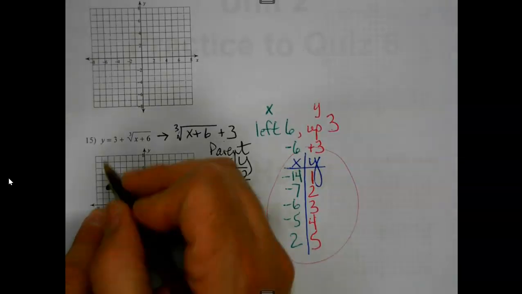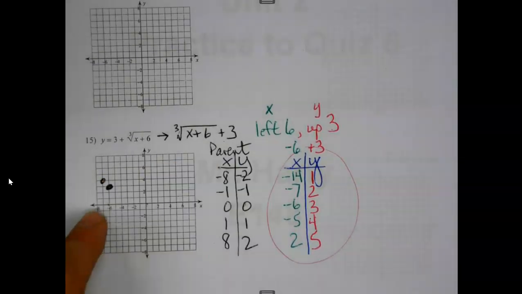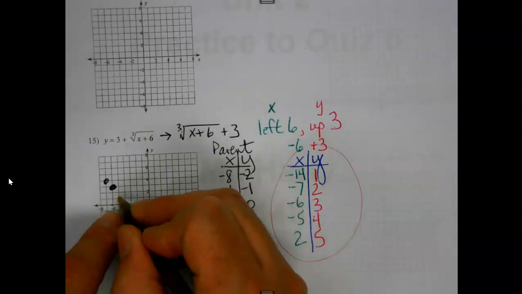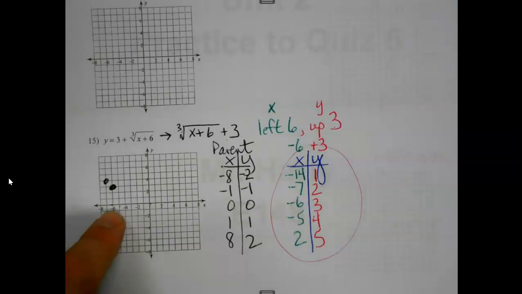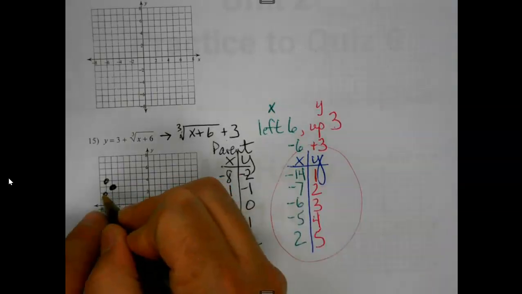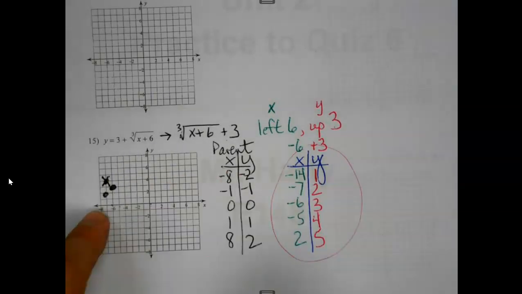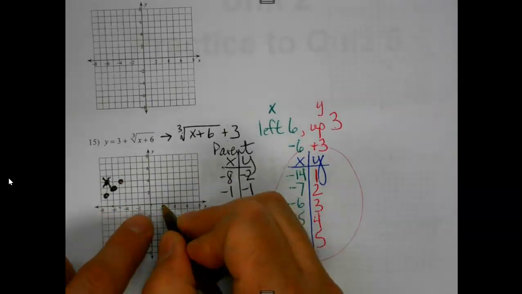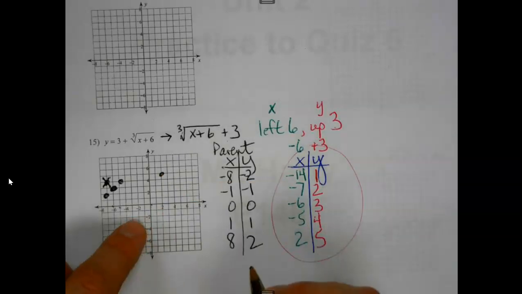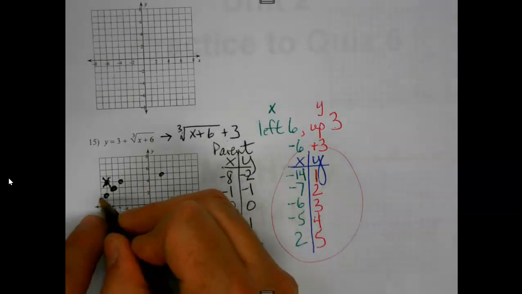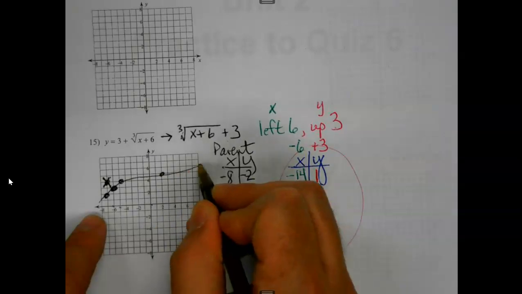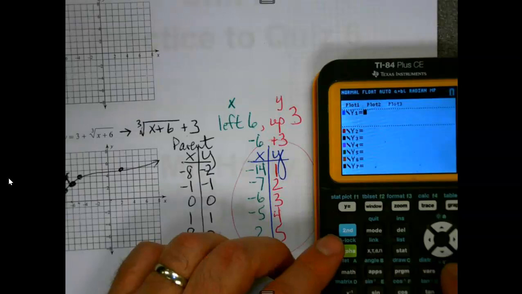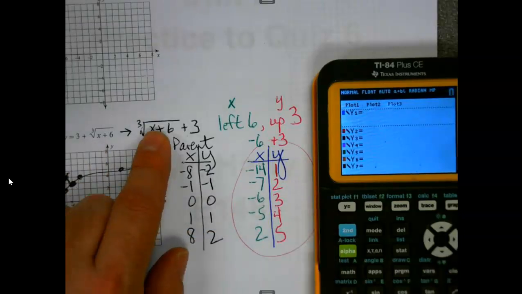So negative 7, 2, negative 6, 3, okay, negative 5, negative 5. Did I just do something stupid? I did. Oh, Hardy. I was trying to think ahead. And 2, 5. You're like, well, that's kind of weird. That kind of looks like, you know, what's the deal here?